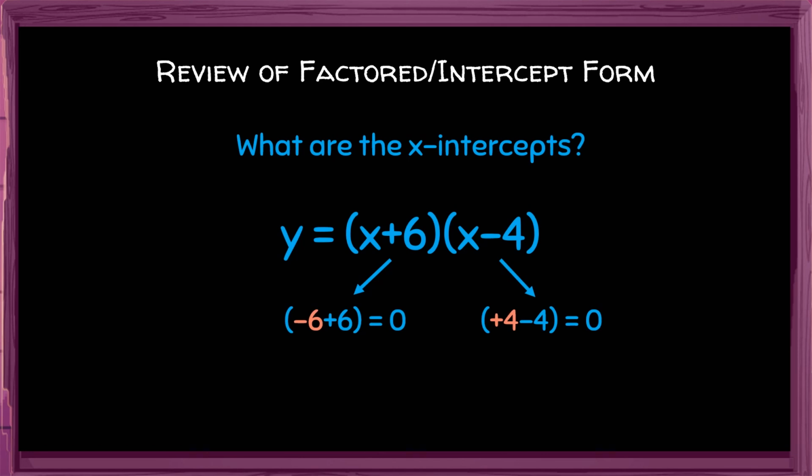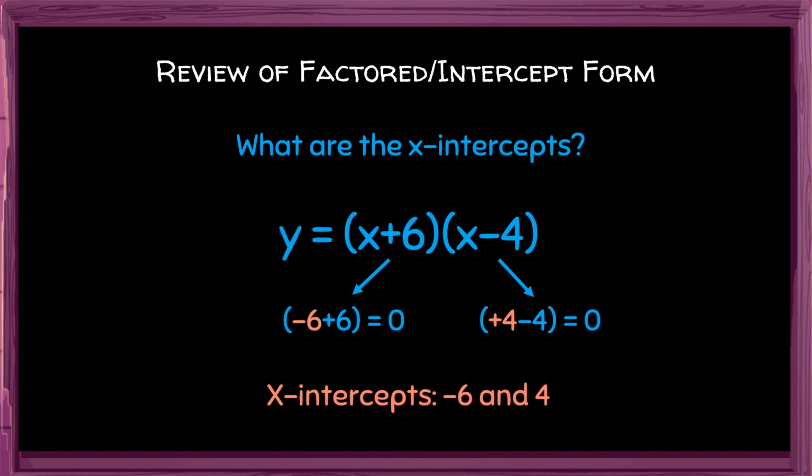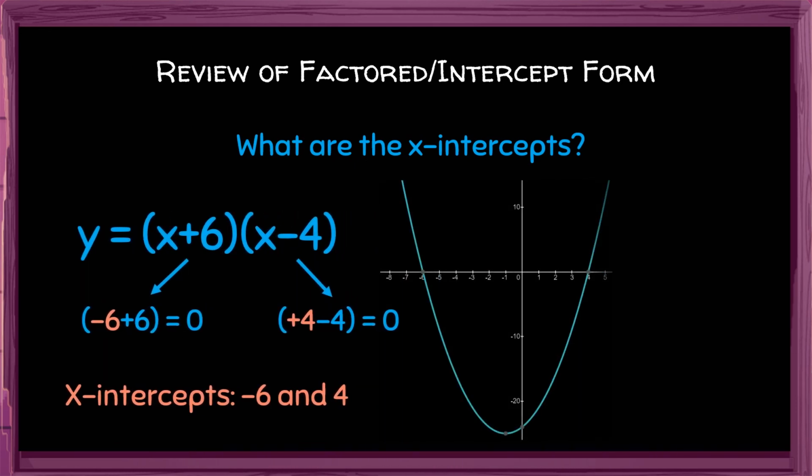So the x-intercepts are -6 and +4. Exactly. The places on the x-axis where the parabola will cross are at -6 and +4. And if we use the letters P and Q in our intercept form, we would say that P is -6 and Q is +4.